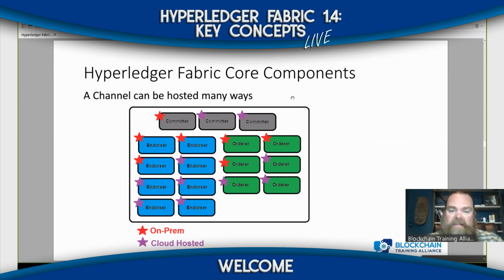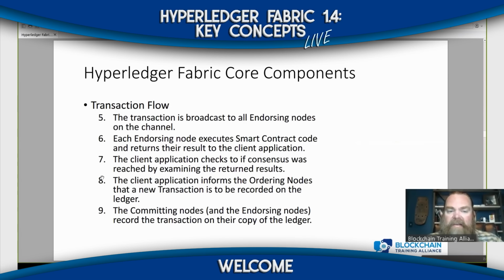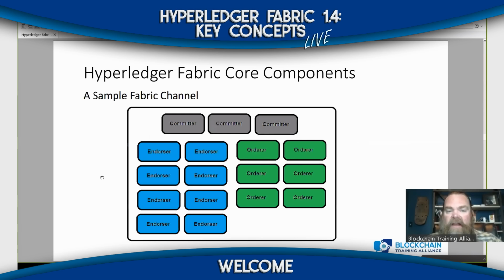And you can look at this channel architecture and go back throughout these transaction flow steps, and you can kind of envision what's happening. Once we've validated that we have a valid transaction, you're a valid user, you are who you say you are, and you have permissions to do what you want to do, well, that transaction is going to get processed by all of these endorsing nodes. They're going to send their results back to the client.